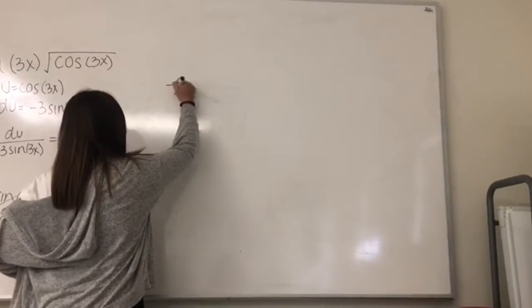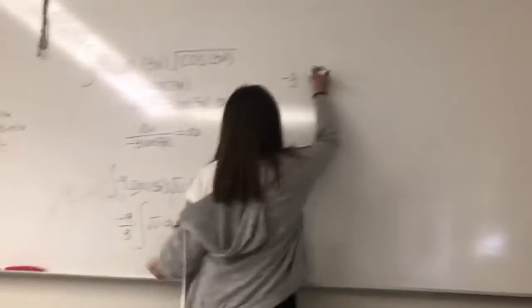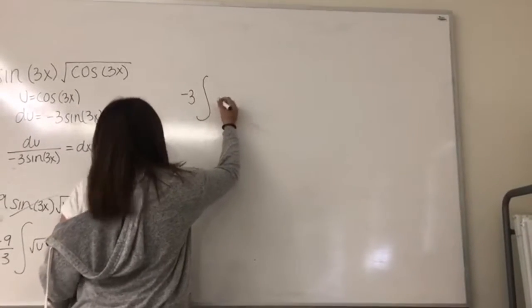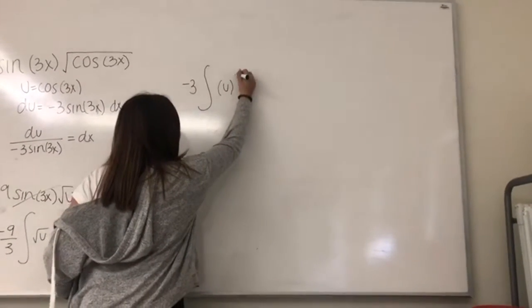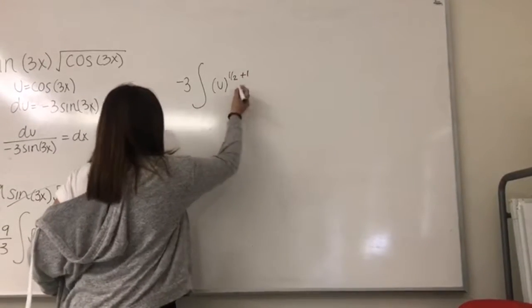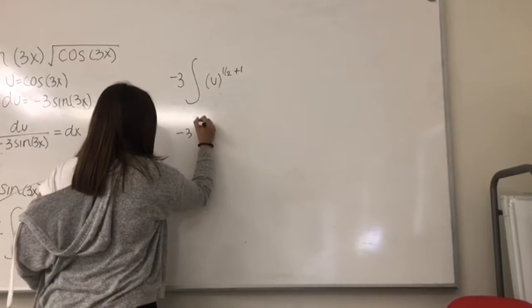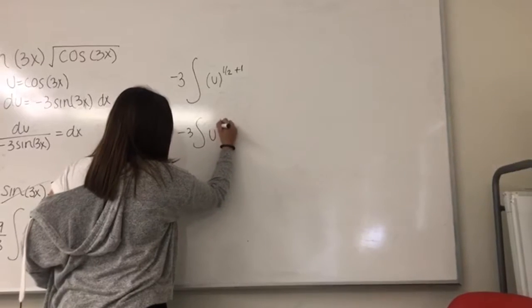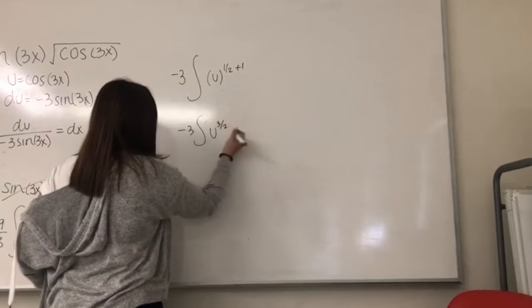Okay, then you're gonna write -3 because you divide, and the u to the 1/2, and you're gonna add 1. 3/2.